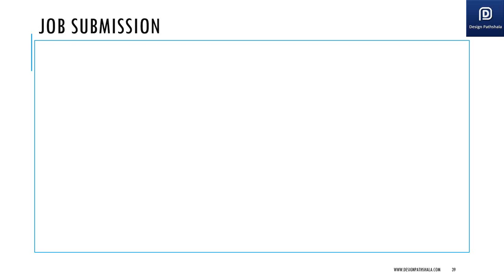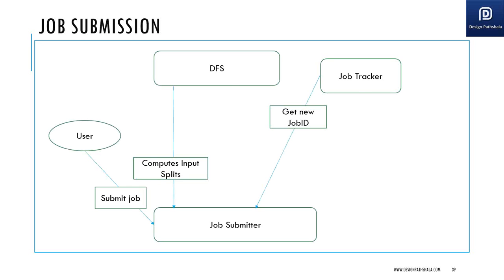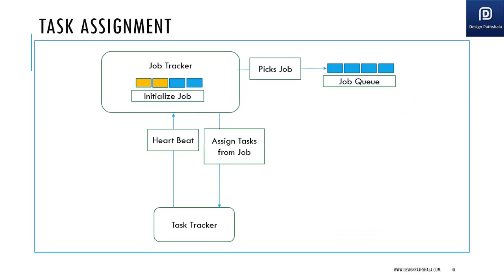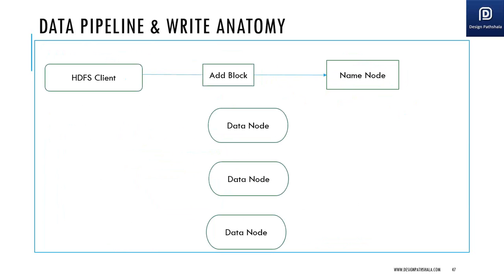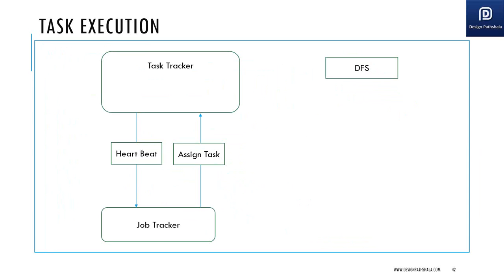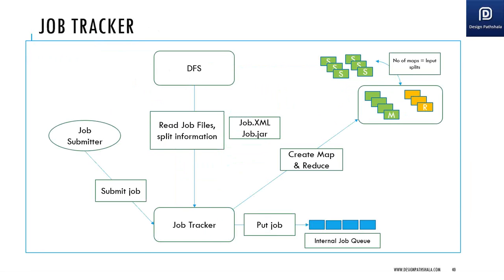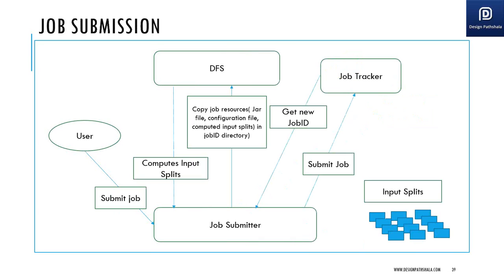So that data now already exists in the cluster. How the write anatomy works, I'll talk about in detail in the next slides. But in this slide, I'm talking about how the data processing happens once your data is there in the cluster.